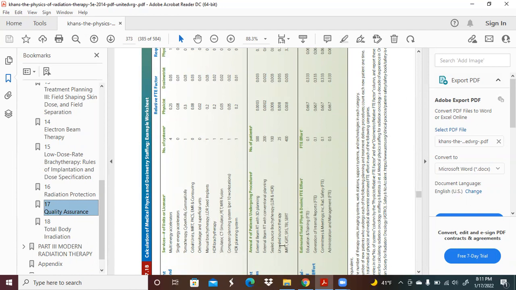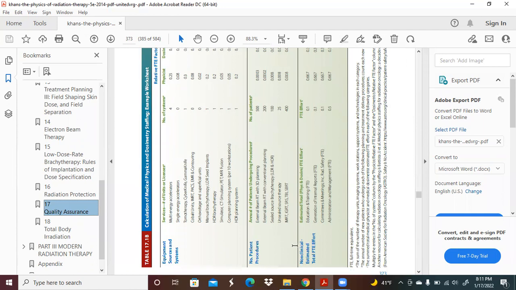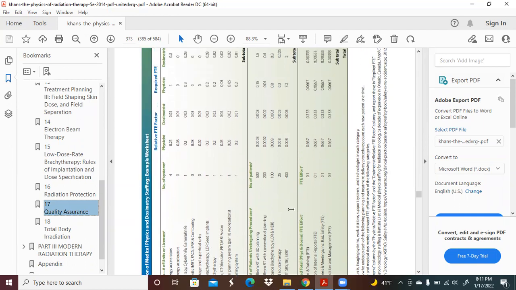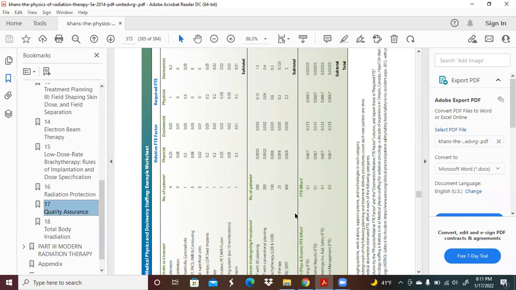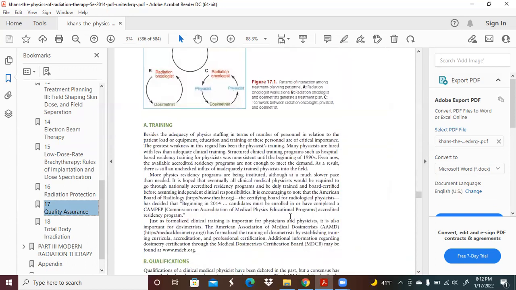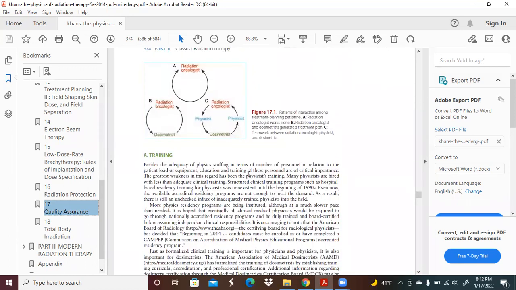So obviously it's not to sneeze at any of this, but sometimes the technology here in the US, we are looking predominantly at 3D planning. We're looking at IMRT planning, and then certain specialties beyond that, some of which we'll go over in this particular course.